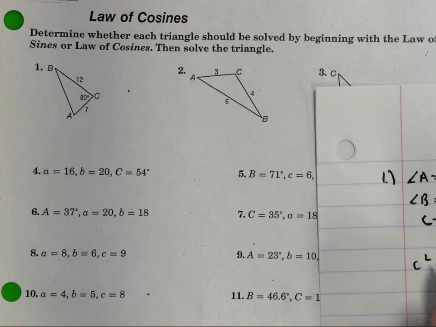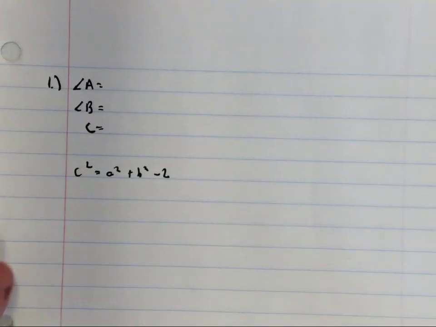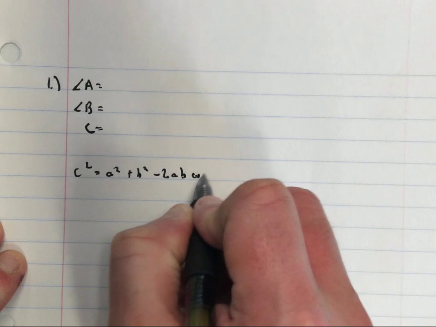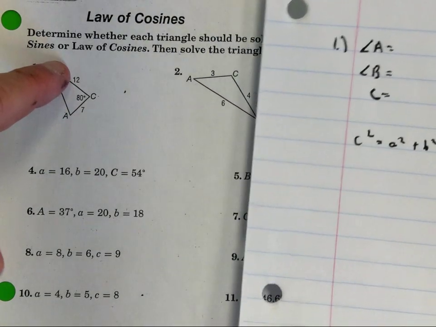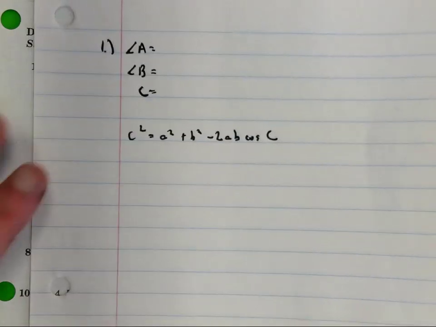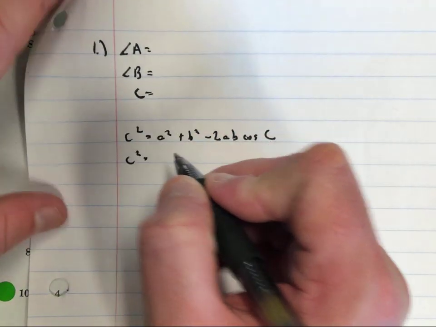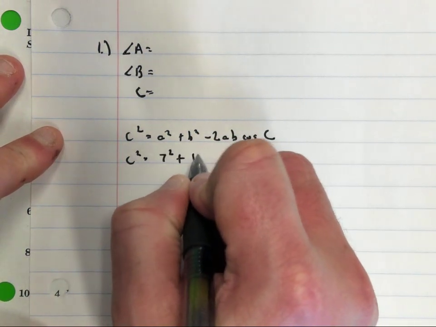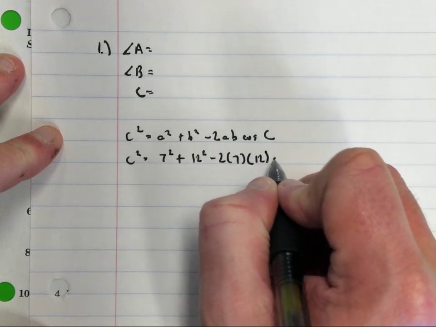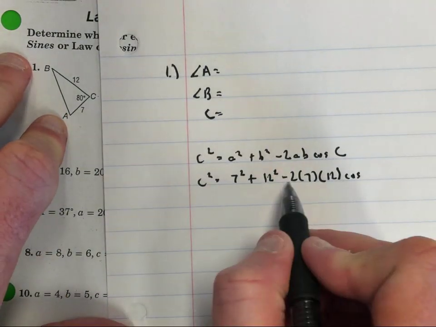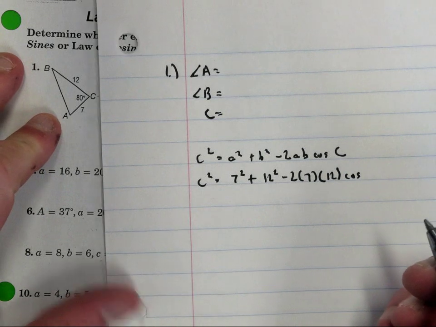So I'm going to go C squared equals A squared plus B squared, minus 2AB cosine of C. Now in my picture, A is 12, B is 7. So C squared equals... Yeah, A is 12, I'm sorry, but it really wouldn't matter there. But yes, you're right, A is 12 and B is 7.